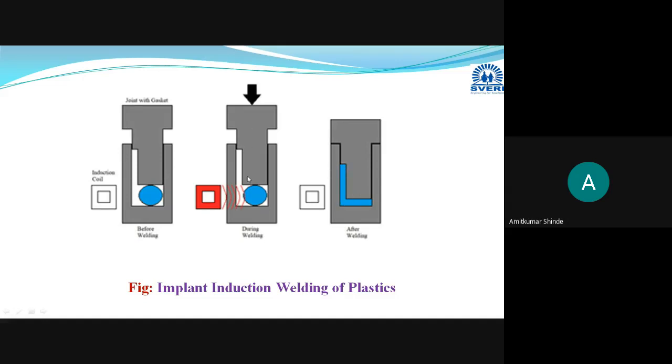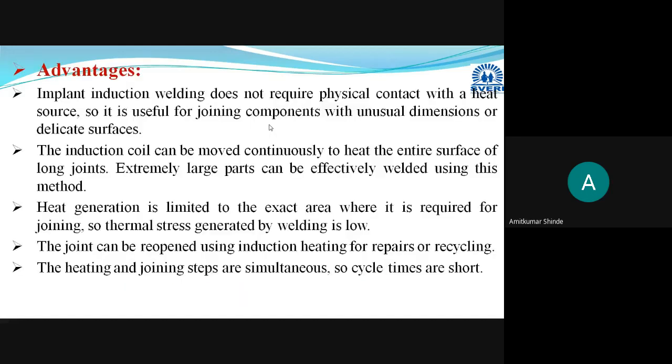Whichever material we are using to create this joint, the electromagnetic adhesive material, is costly. And depending on the design of the joint, you have to design some tools, so it will be a little bit expensive. These are some disadvantages of that process.